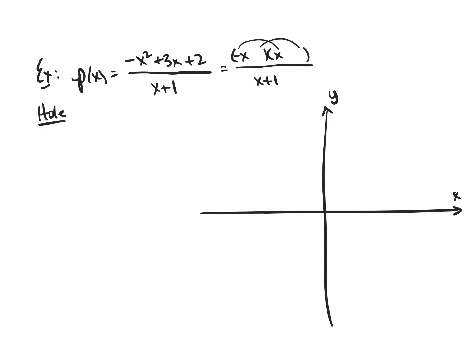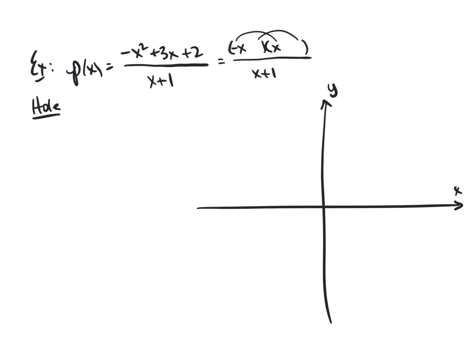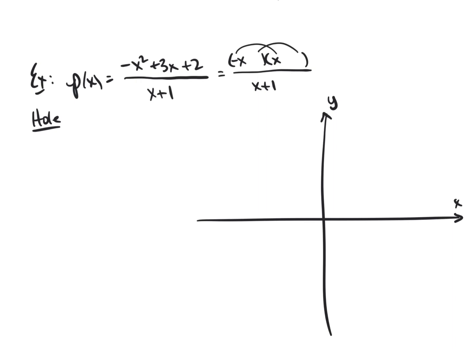Let's see. I don't think so, right? Because if I try negative 2 and negative 1, the outsides and the insides would not work out. If I switch that around, if I tried negative 1 here and negative 2 there, that still doesn't work. So this one must not be factorable.